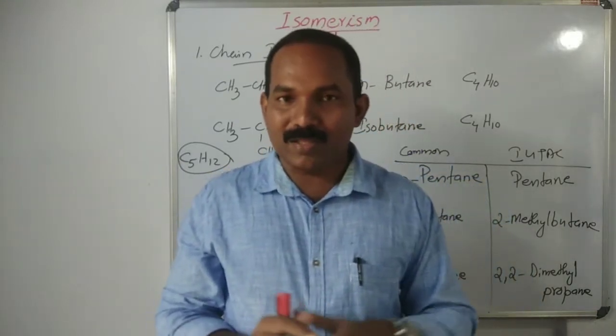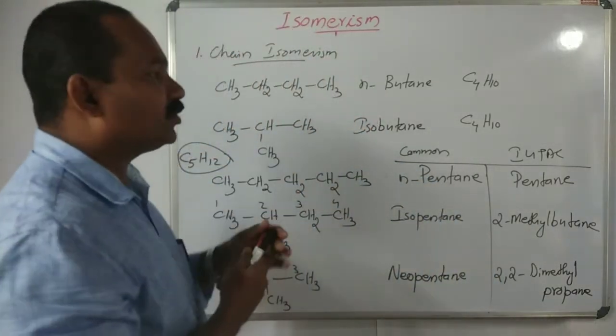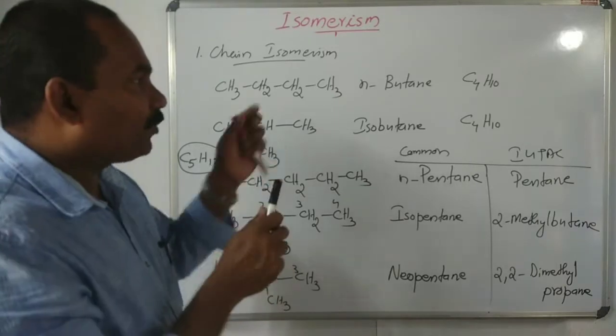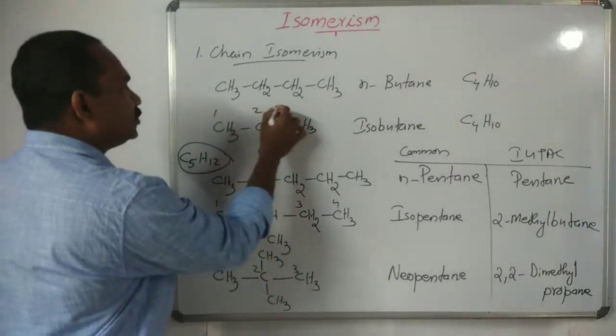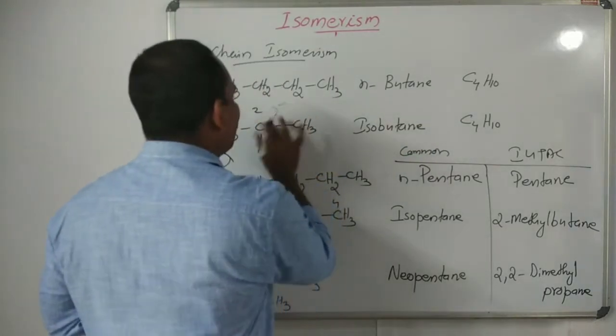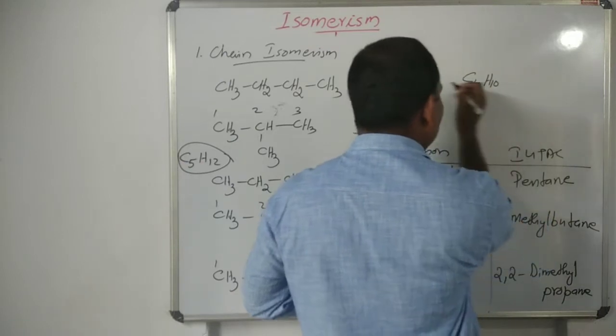Okay, are you clear? Butane, isobutane. What is the IUPAC name of this isobutane? N-butane is butane itself. What is the IUPAC name of this? 1, 2, 3. It is 2-methylpropane. Formula is same.